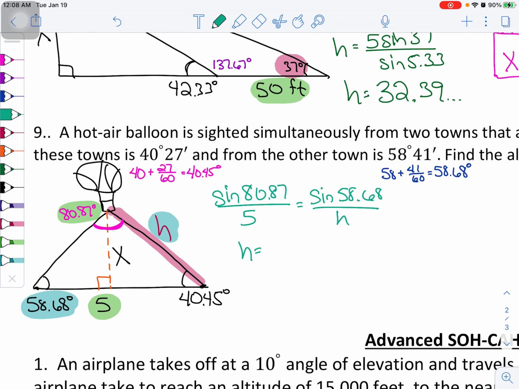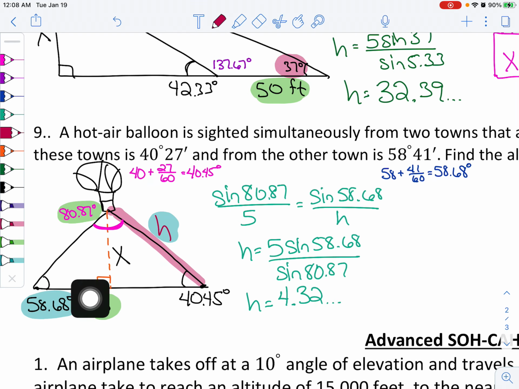So h equals 5 sine 58.68 over sine of 80.87. All right, into my calculator this is going, as soon as I put all the decimals in the right place. All right, so I'm getting an h value of 4.32 and some more decimals after that.